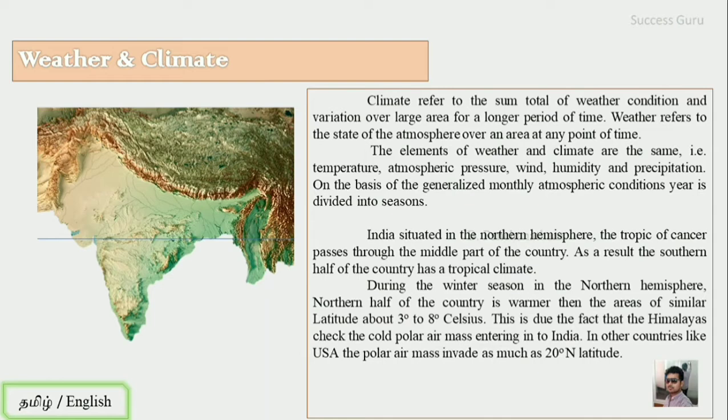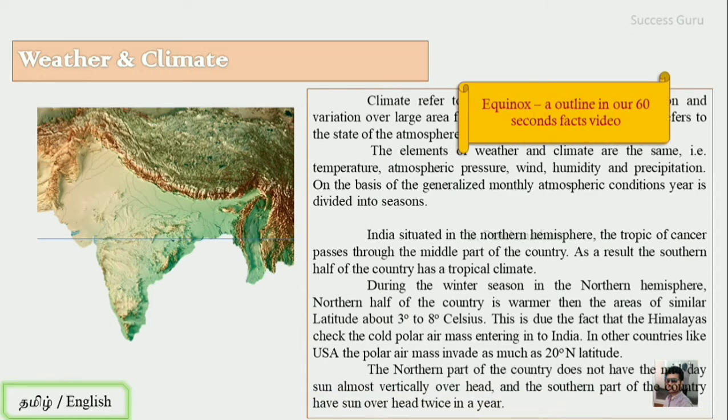If you compare with, say, the USA, the polar wind mass actually invades as far as 20° north latitude. So the Himalaya prevents the polar wind from entering India, and that keeps the northern half of the country 3 to 8 Celsius above the comparative latitude. I think you got the point, right?